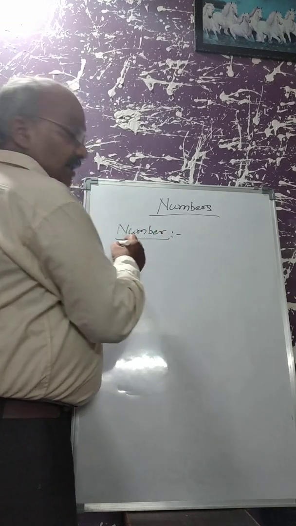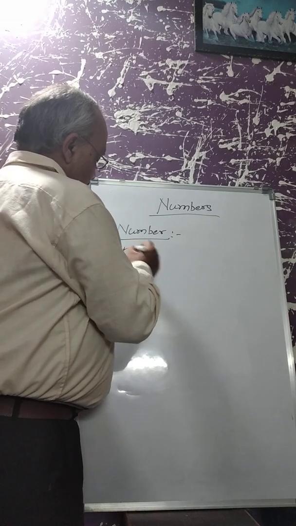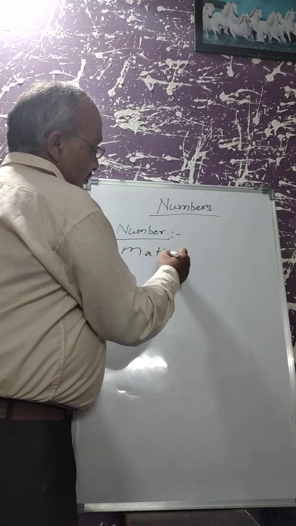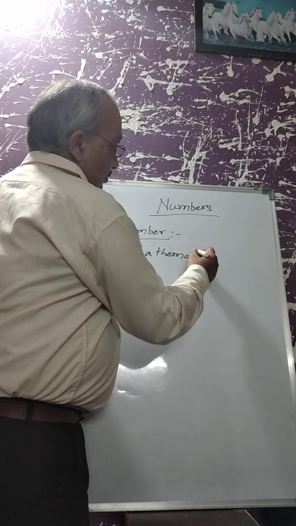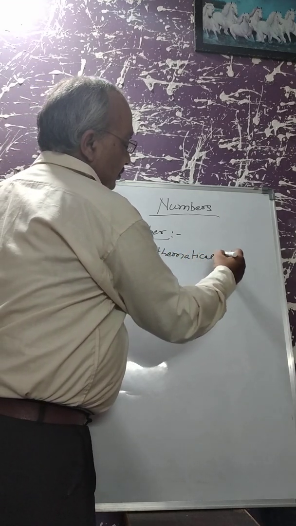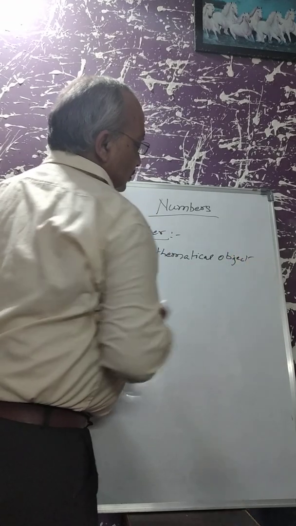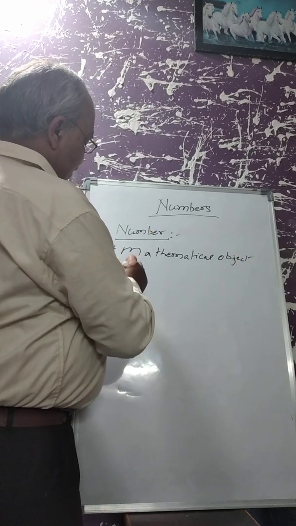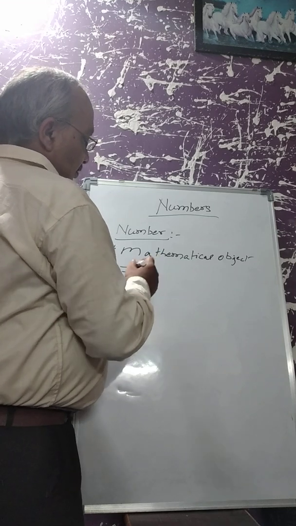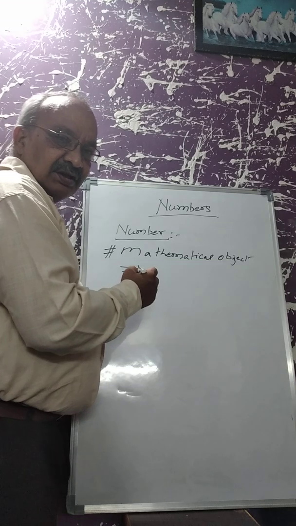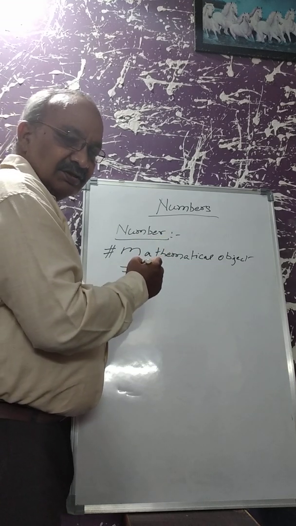Number is a mathematical object through which we can measure something, we can label something, and we can count something.